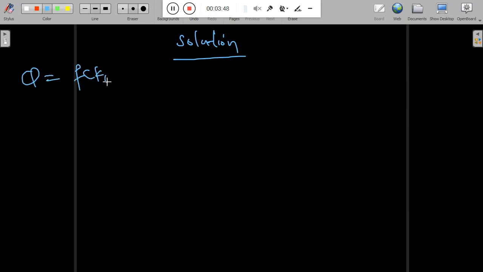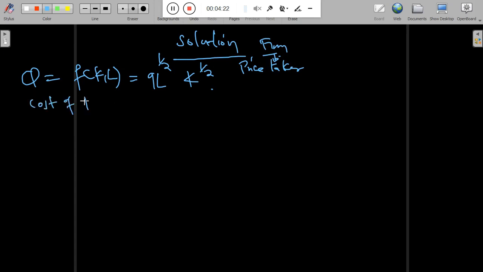Solution now. Since we have the output as a function of capital and labor, that is 9L to the half times K raised to the power of a half, and the firm is a price taker, this could be a perfectly competitive market or monopolistic competition.